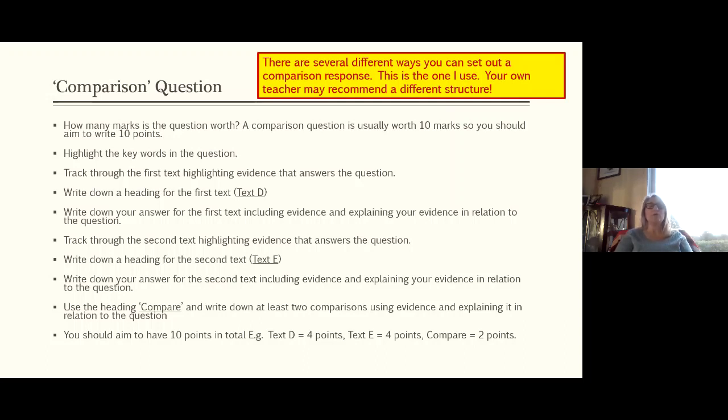So for example, whatever structure, I'd try and have at least 2 points for each. So text D 4 points, text E 4 points, compare 2 points, or you could have 3, 5, 2, or 4, 3, 3, whatever combination you feel compares the texts best for you when you're reading them.